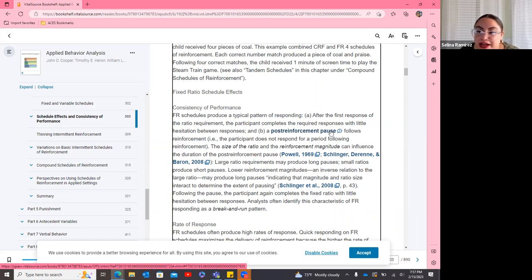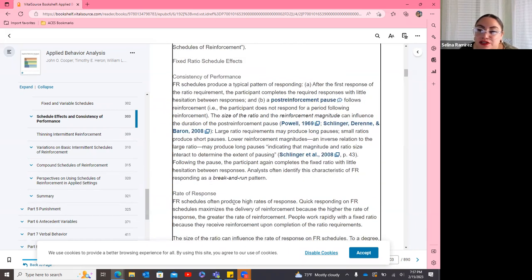Lower reinforcement magnitudes, an inverse relation to large ratio, may produce a long pause, indicating that magnitude and ratio size interact to determine the extent of pausing. Following the pause, the participant again completes the fixed ratio with little hesitation between responses. Analysts often identify this characteristic of FR responding as a break and run pattern.